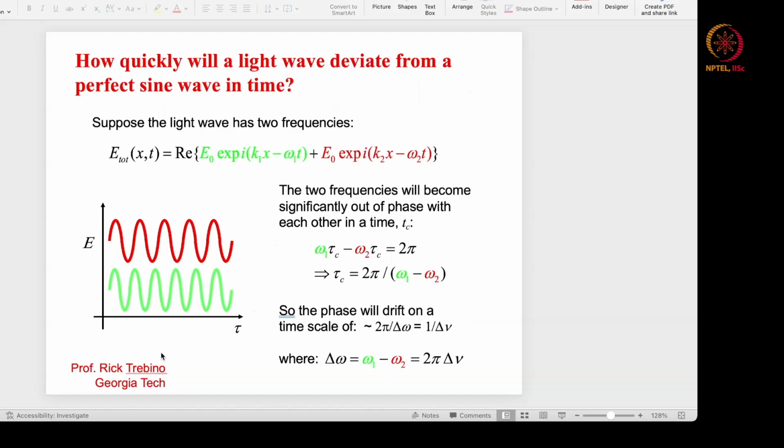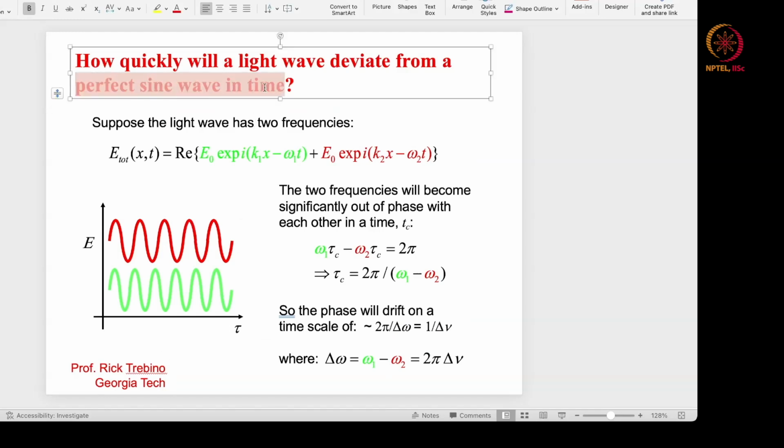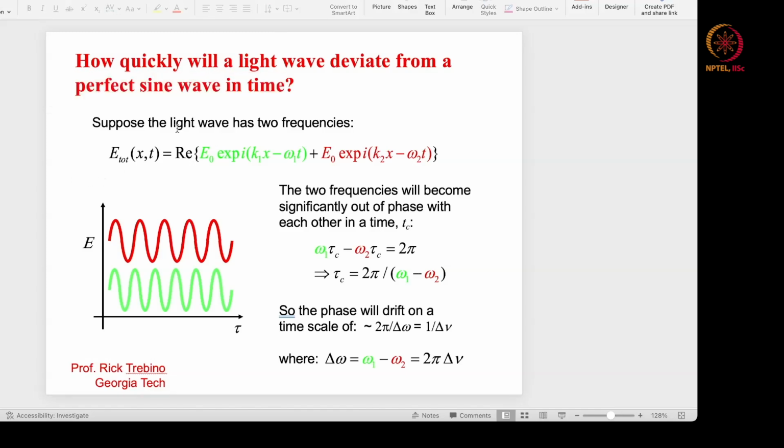So how quickly will a light wave deviate from its perfect sine wave in time? Let us assume that the light wave has two frequencies, omega 1 and omega 2. So let's assume that these are the two frequencies that you have. This is the E total, which is the real part of this.